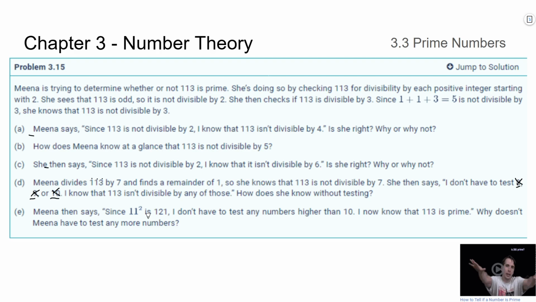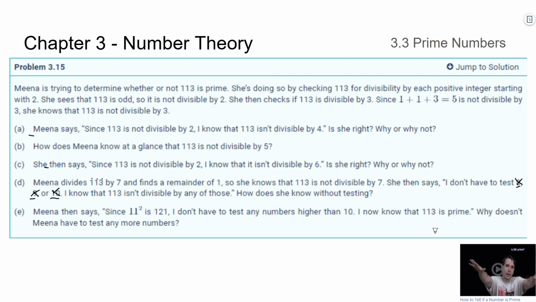So the only thing we would need to think about is 11 times itself or 11 times anything higher than itself. Because again, we already checked everything lower. So maybe 11 times 11, but we know 11 times 11 is 121, and that's higher than 113.